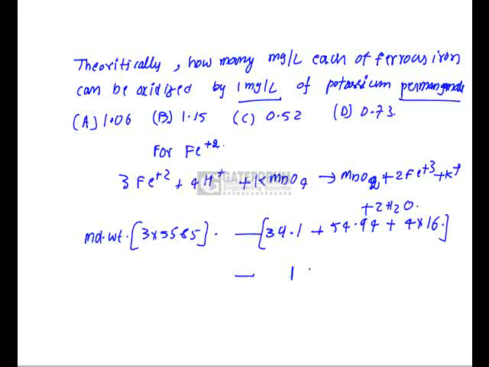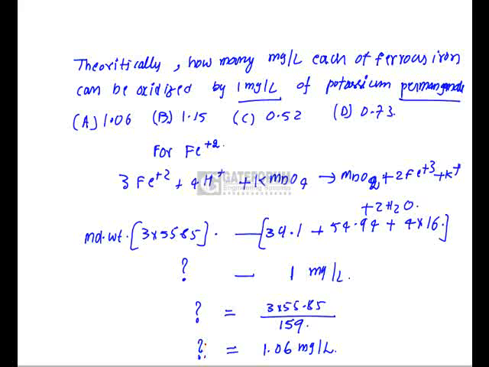We calculate this by the proportion rule: the unknown is equal to 3 into 55.85 divided by 159, which is equal to 1.06 milligrams per liter of ferrous iron theoretically required. That is 1.06. Option A is correct.